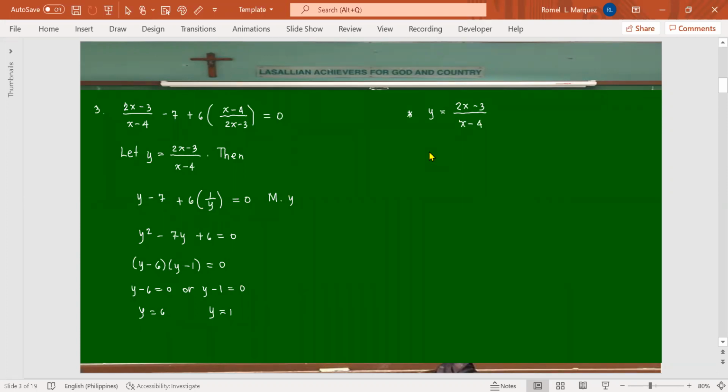So when y is 6, we get 6 is equal to 2x minus 3 all over x minus 4. So cross multiply, 6x minus 24 is equal to 2x minus 3. Transpose necessary terms. On the left side, we now have 4x. On the right side, we now have positive 21.